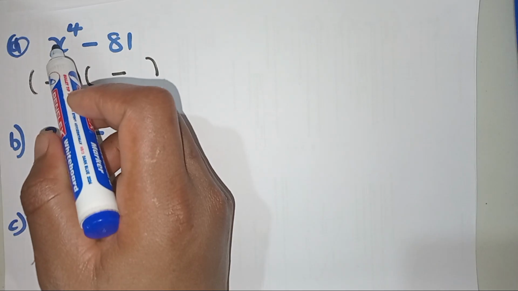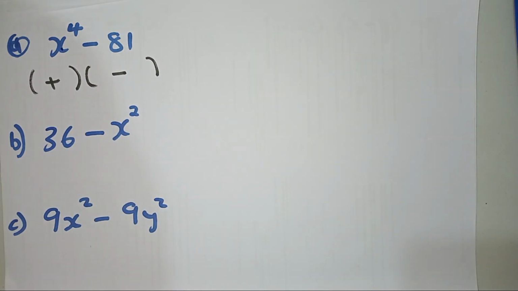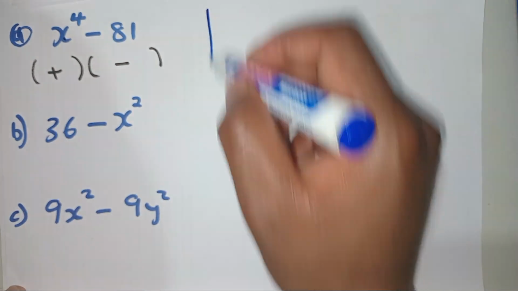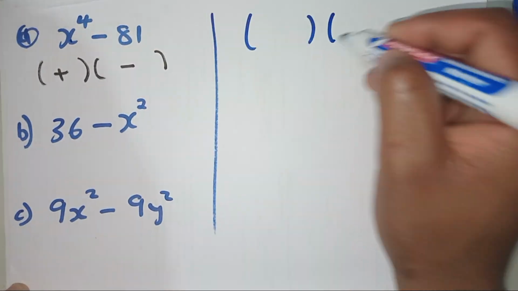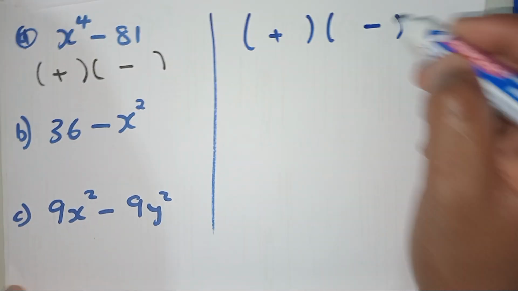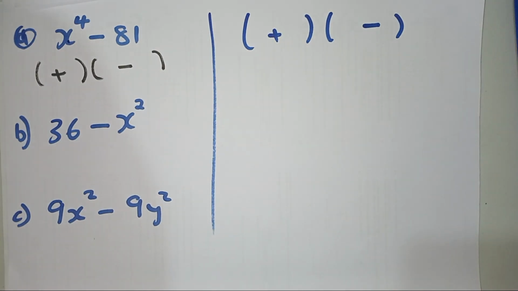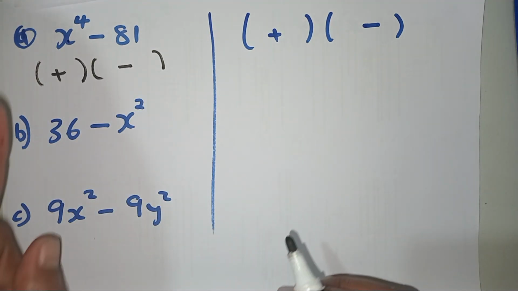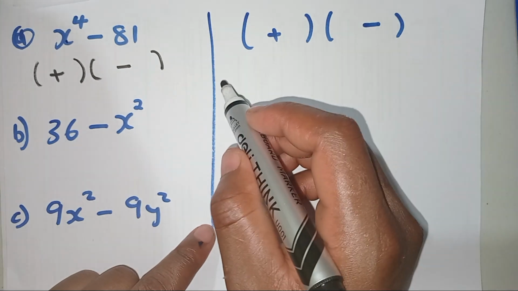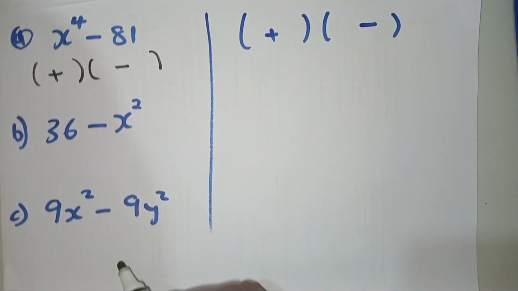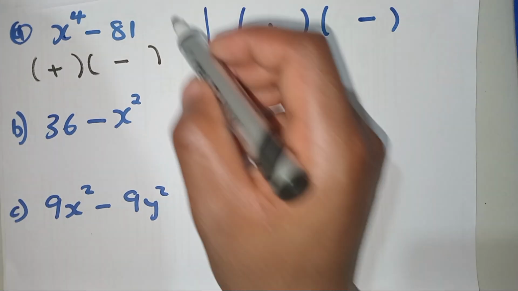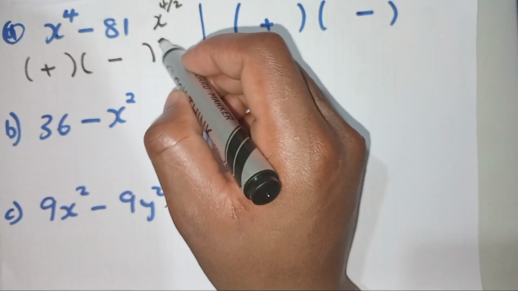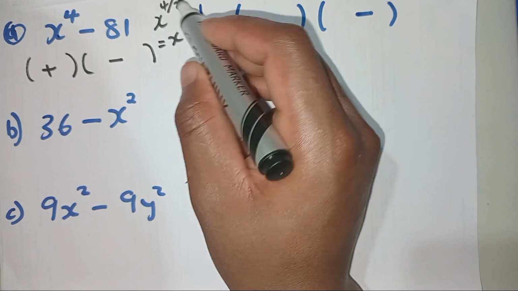And then we are going to look for the square root. Let's just write it here. And we open the brackets, it's plus and minus. Now we are going to look for the square root of x exponent 4, the positive one first. How do you get that? I told you guys that you're going to say x exponent 4 divided by 2.